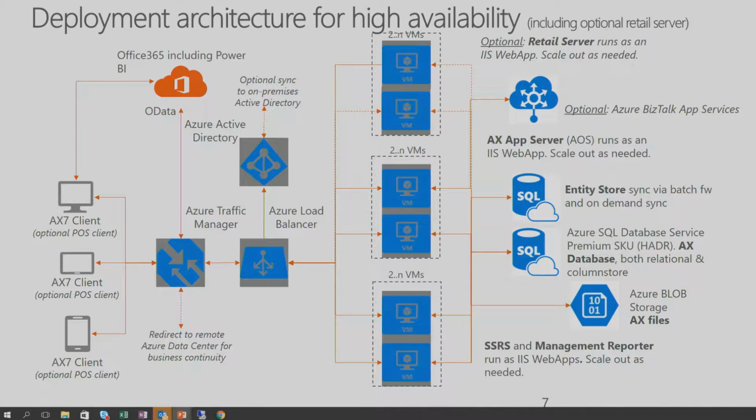So let's talk a little bit about the architecture. How AX scales is basically we have the Azure Traffic Manager, and from any kind of client we get a request to this Azure Traffic Manager, also called ARR, Azure Request Routing, or the Azure Load Balancer. We basically point to multiple VMs, and each VM hosts an AOS.